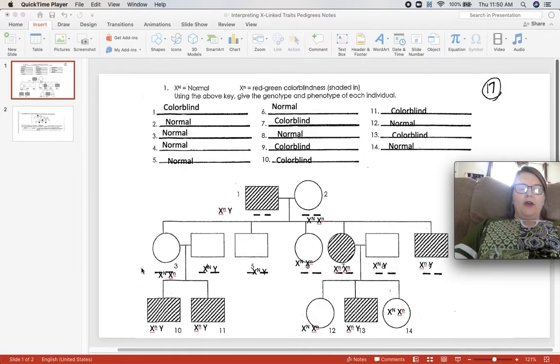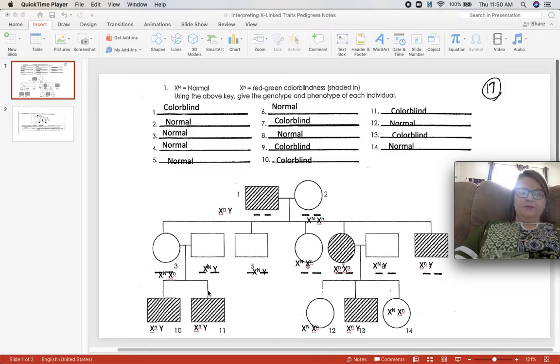Also, her dad, number 3's dad, was X lowercase n Y. He was, in other words, colorblind. So she had to inherit one of her X's from her dad, or again, she wouldn't be a she, she would be a he. So X lowercase n, I knew already that she had to have gotten that from her dad, but also her children kind of confirm it.